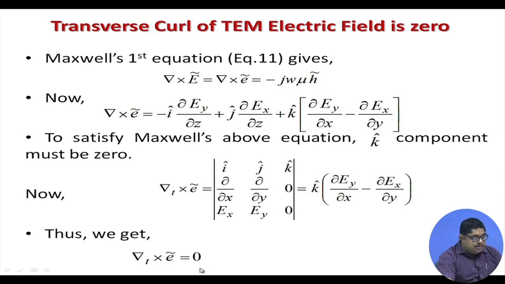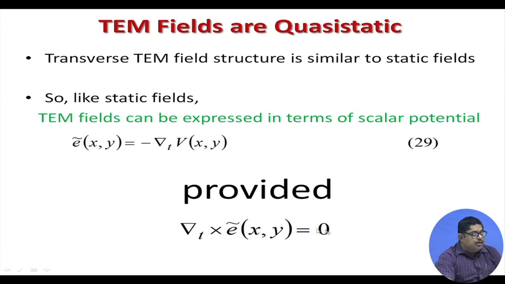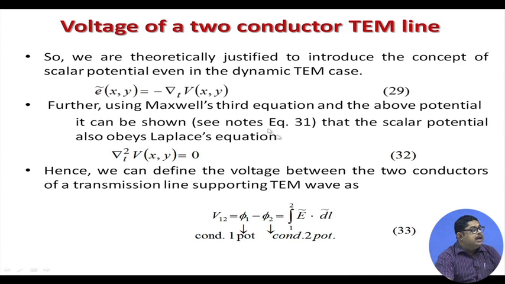Once I prove this, I can write this. So I am justified in writing equation 29, and now we are theoretically justified to introduce the concept of scalar potential even in the dynamic TEM case. No one can stop us. We have proved all the mathematics.